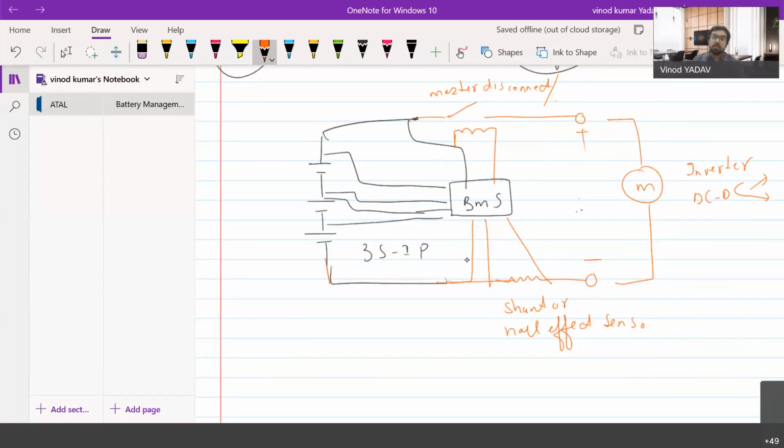So load. Apart from this, a charger circuit can also be an example of this external load. So this is the basic complete schematic of how this BMS system communicates with the external load and the battery cells.